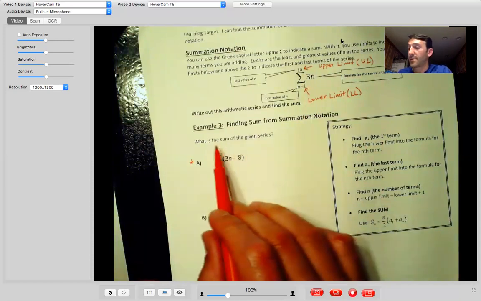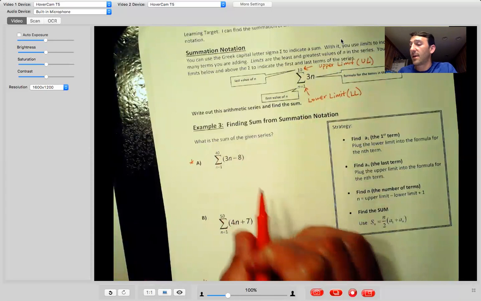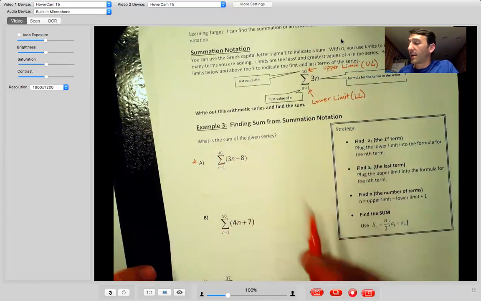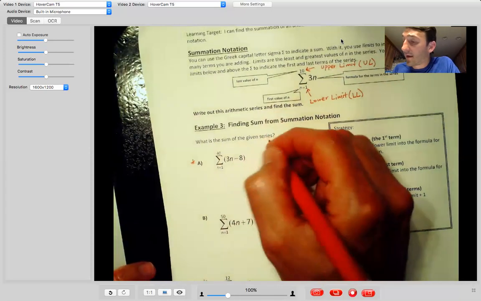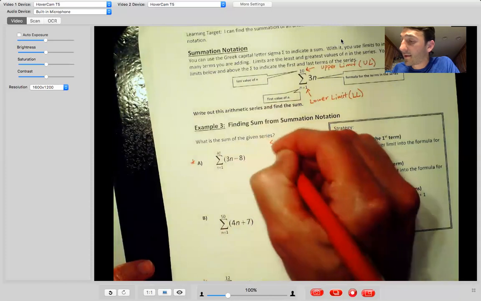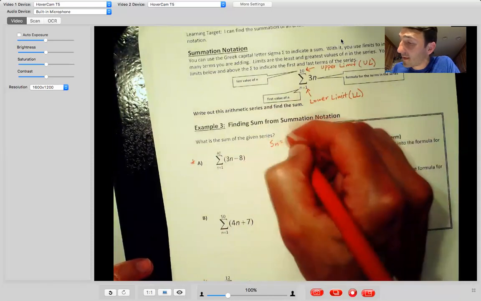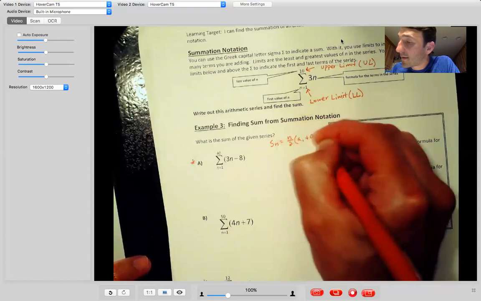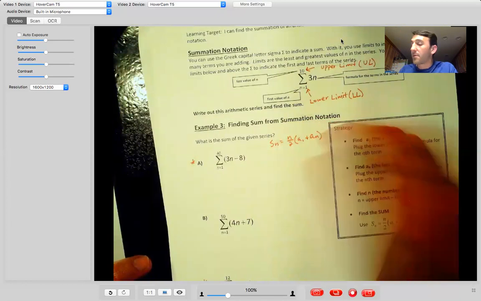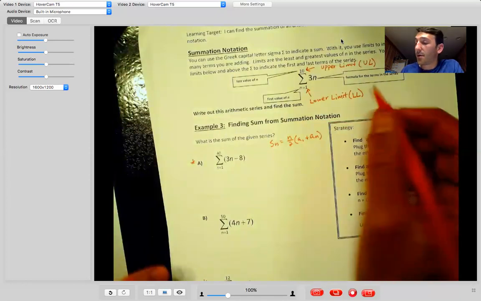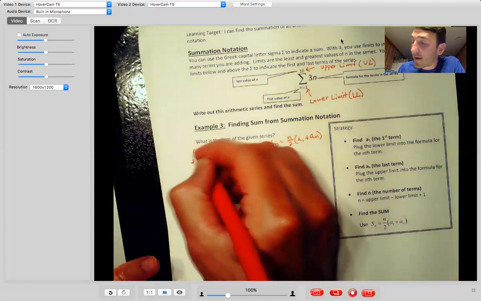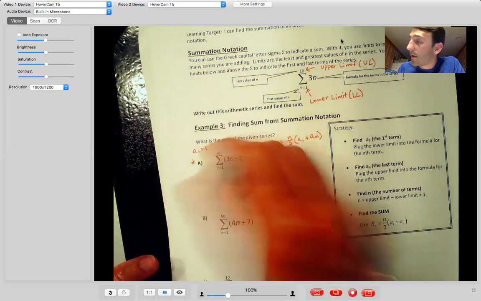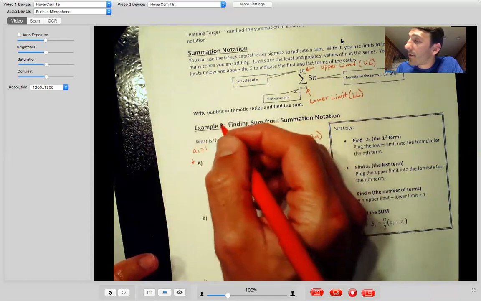So what is the sum of the given series? Again, just to copy our formula, S sub n equals n over 2 times the quantity a sub 1 plus a sub n. So what do we know? Well, we know a sub 1 is 1.